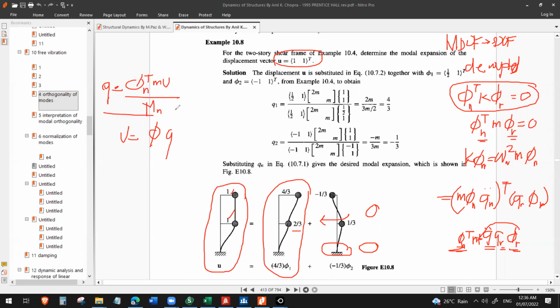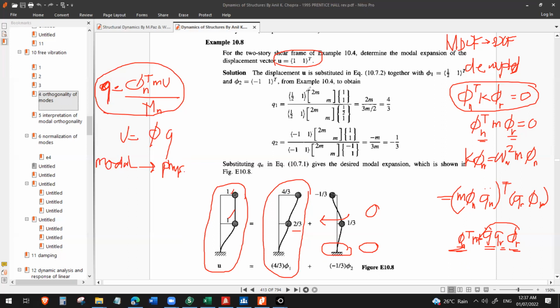So using this formula, we are able to convert from modal coordinates to physical coordinates. In this formula we are transforming from the modal coordinates to the physical domain, to the physical coordinates.